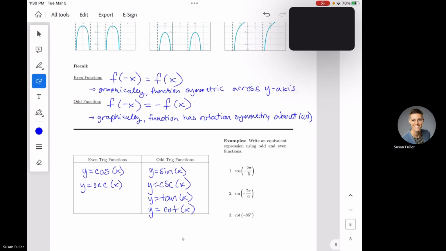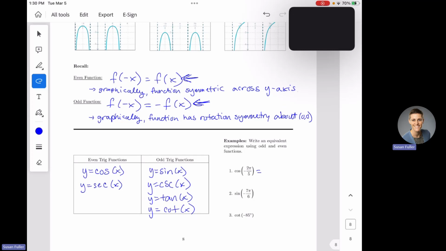They're odd functions. So now that we know what's even and odd, we're going to use these mathematical definitions of even and odd to apply to our functions. So we've got some numbers here, and I want to find the cosine of negative 2 pi over 5.